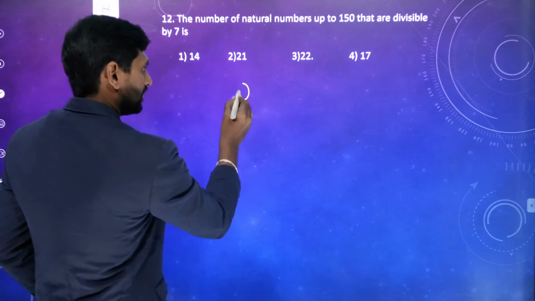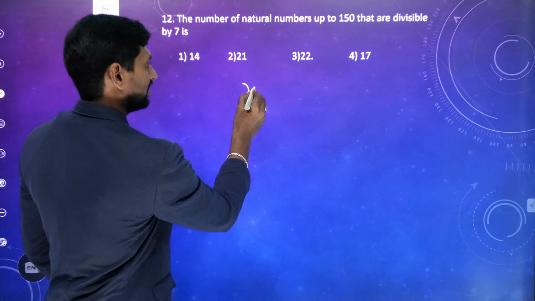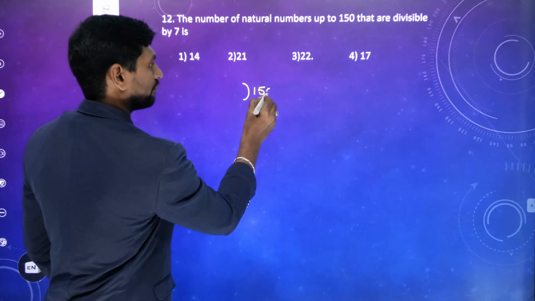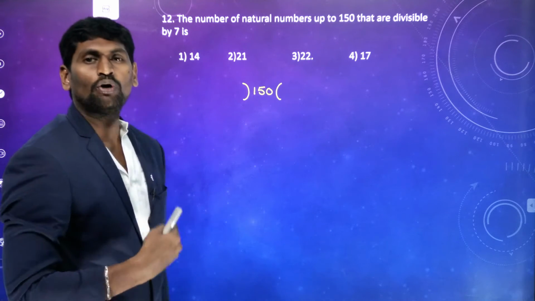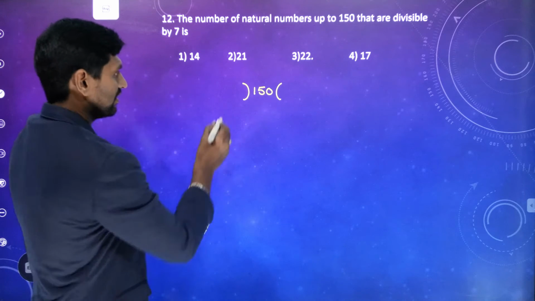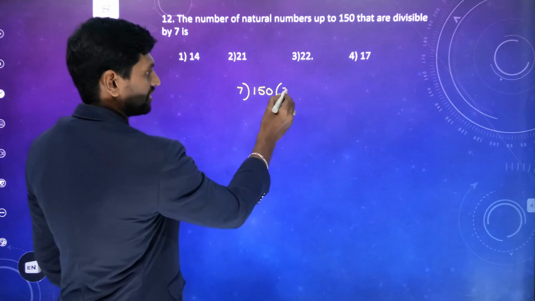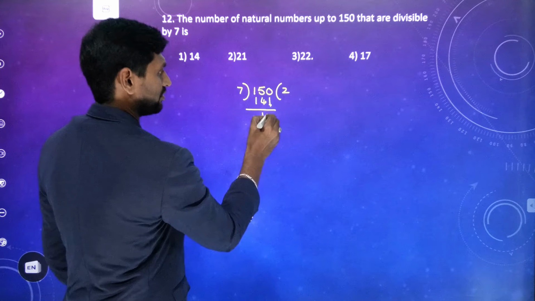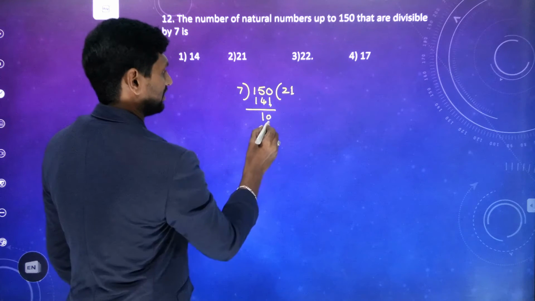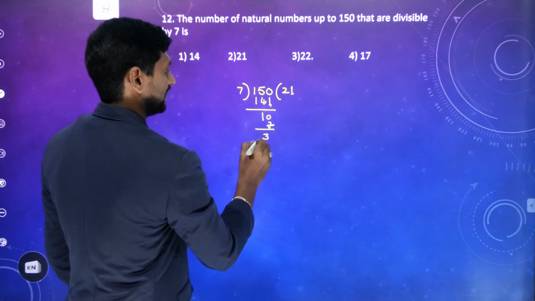Now we simply divide 150 by 7, then we know how many multiples there are, right? 7 table: 7 twos are 14, 1 remainder, 0, 7 ones, 3 is the remainder.